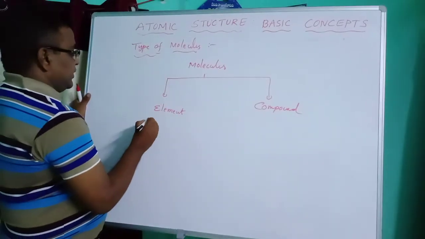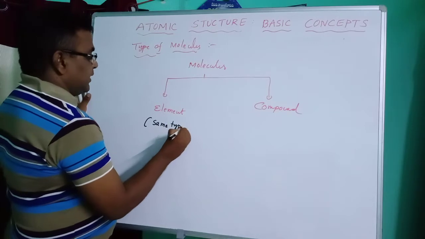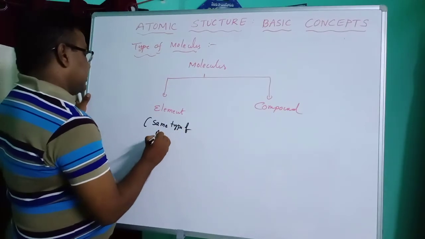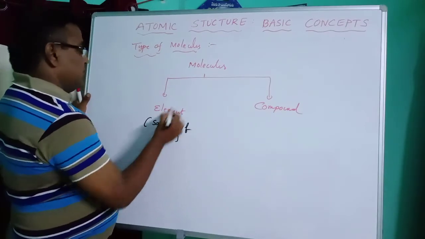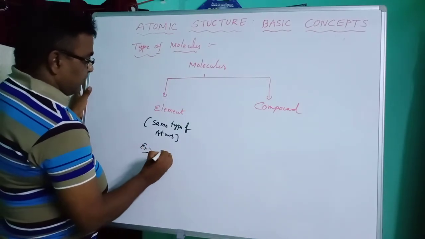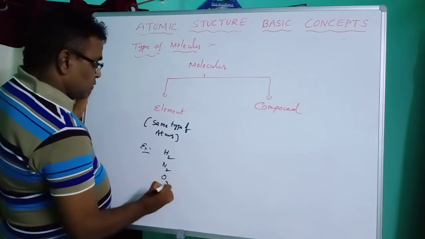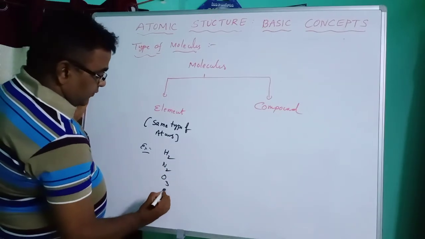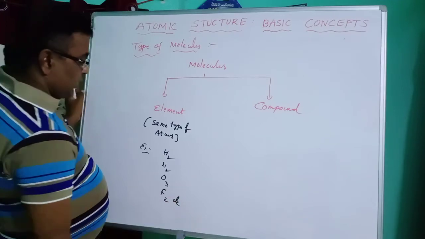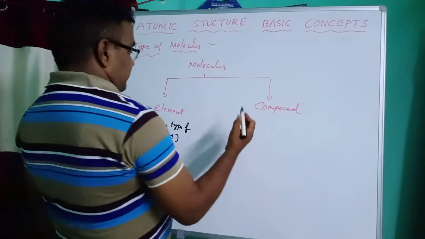So what is an element? When the same type of atoms combine, the product is known as an element. So example is H2 hydrogen, N2 nitrogen, O3 ozone, F2 fluorine, etc. Here the same type of atoms are combined. So what is a compound?